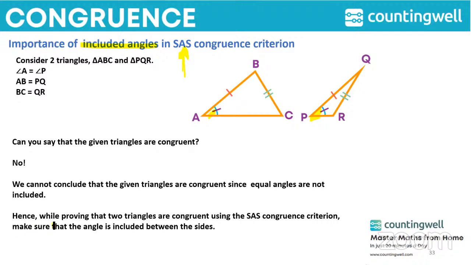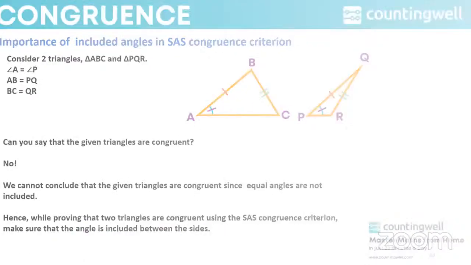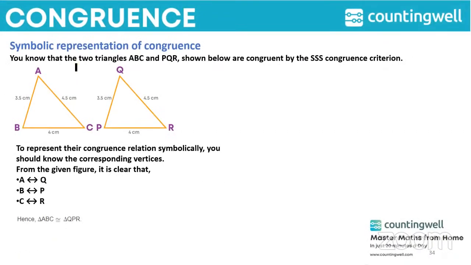Hence, you should make sure that the angle is included between the sides. Also, for the symbolic representation of congruence, you should take care which vertices or which sides are corresponding, by carefully identifying the equal sides of the two triangles.